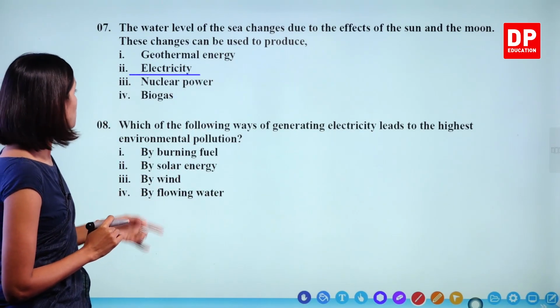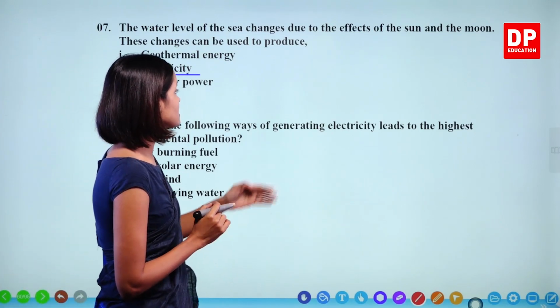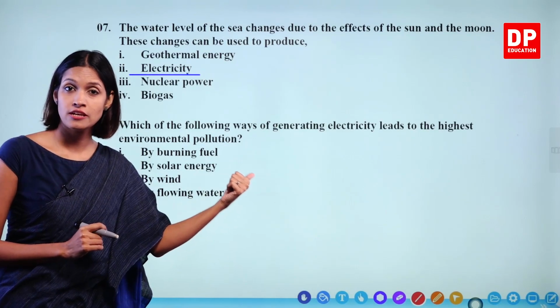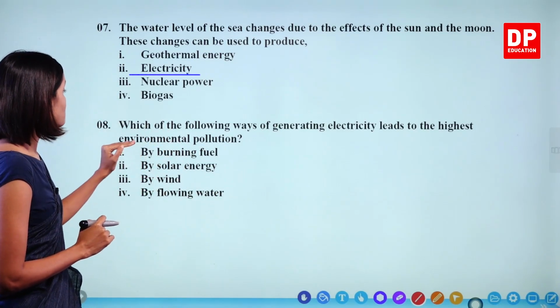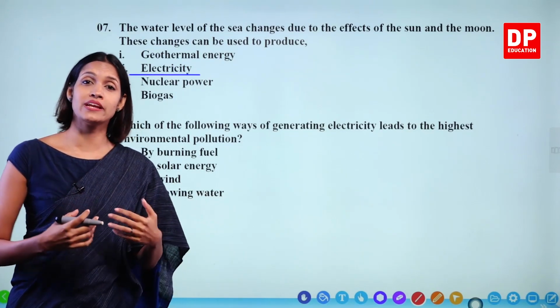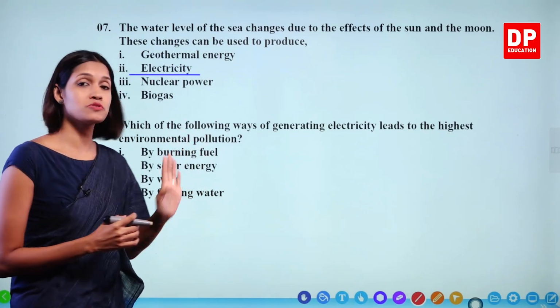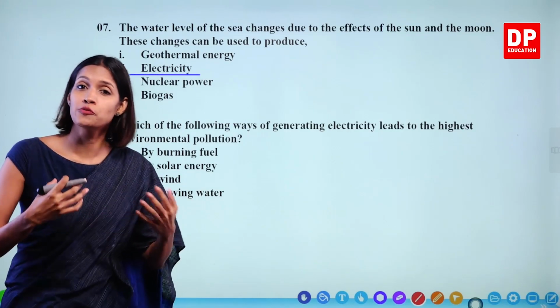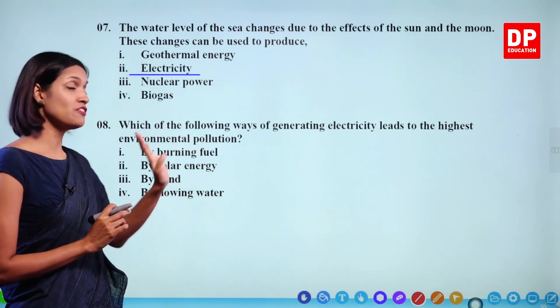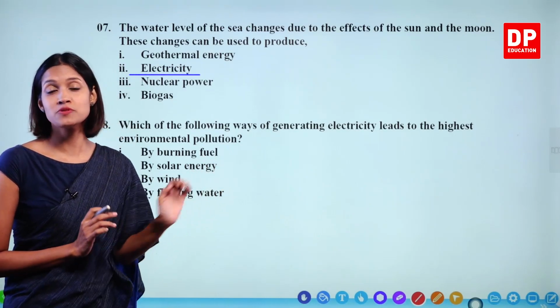Number 8. Which of the following ways of generating electricity leads to the highest environmental pollution? We will go through them. By burning fuel. I told you, when it comes to different types of fuel, biomass is also a type of fuel. Okay? And fossil fuels also come under types of fuels.